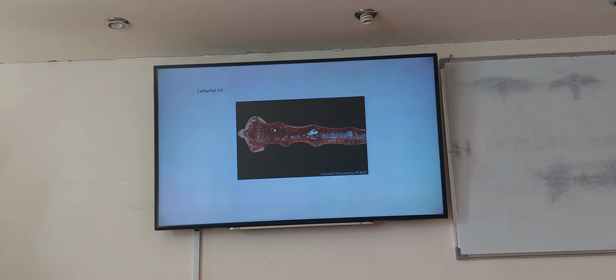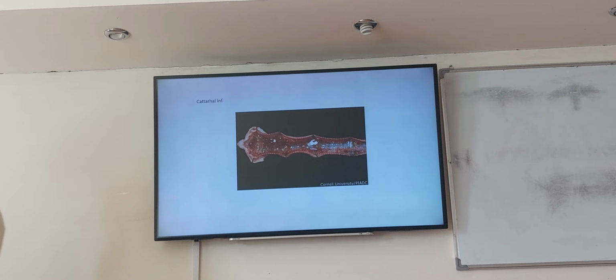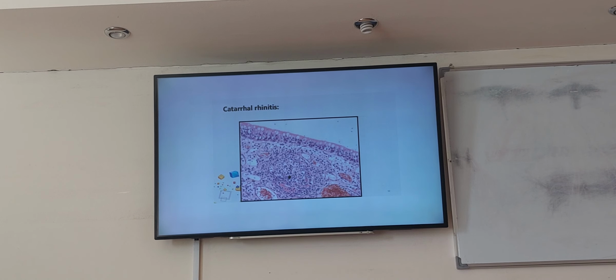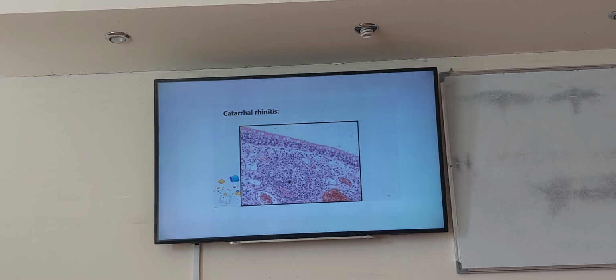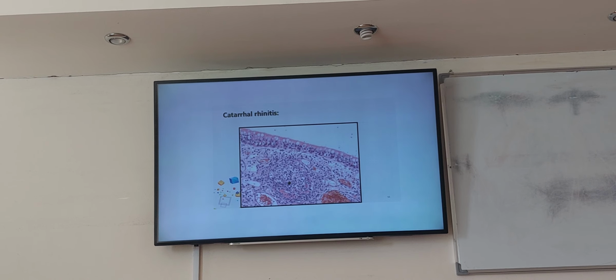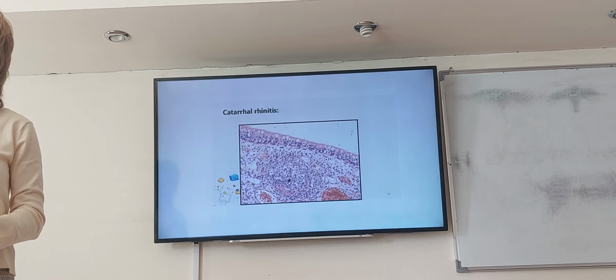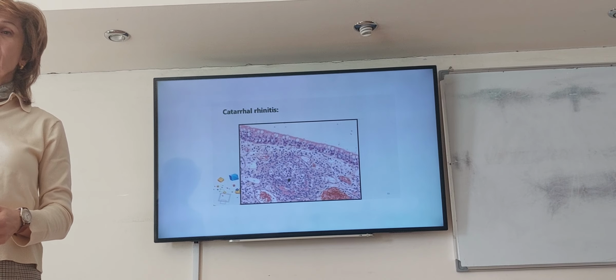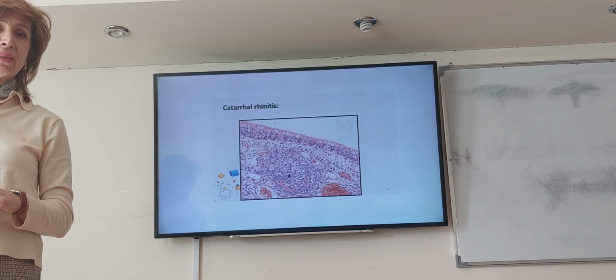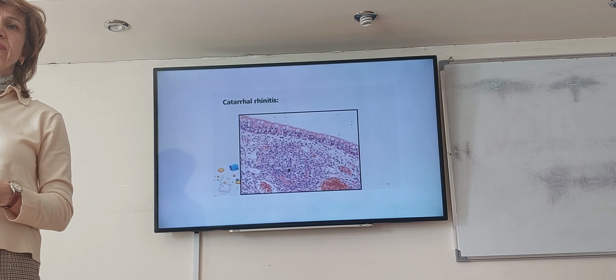Tell me, what is this? Catarrh. What does it mean? It's acute inflammation with excess of mucus, mucin production. What kind of mucin is this? Mucoid.